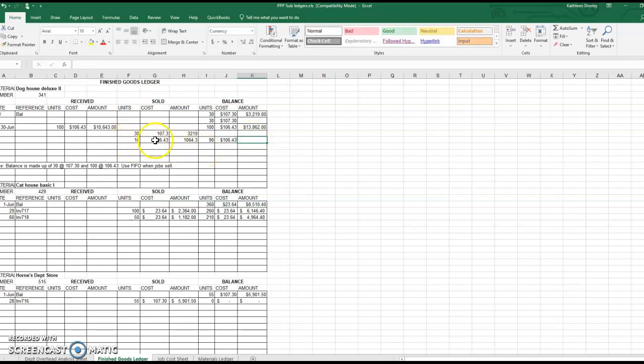So when you go to sell these, you have to use FIFO, so whatever is here first has to be used up before you start in on the next batch. We learned how to do FIFO back in Accounting 101, and we also reviewed it at the beginning of 102, and we also reviewed it in Accounting 230. So that should be easy for you to realize how that is done.